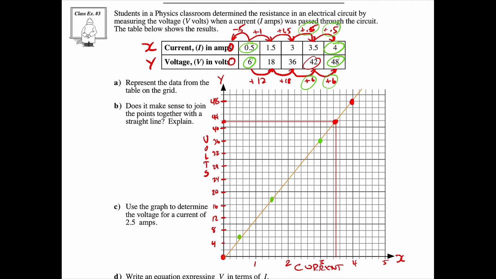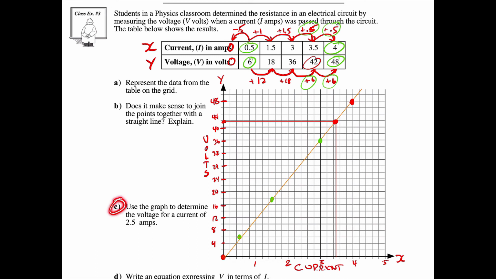We can have current ratings of 1.4, 1.5, 1.6, 1.8, 1.82, 1.83. So there's sort of an infinite number of values on both of those. So yes, I can create a straight line. And by using that line, without doing any math, I should be able to go, well, if I had a current of 2 amps, I should have a voltage supply of 24 volts.